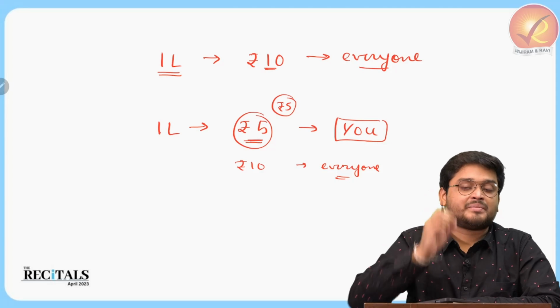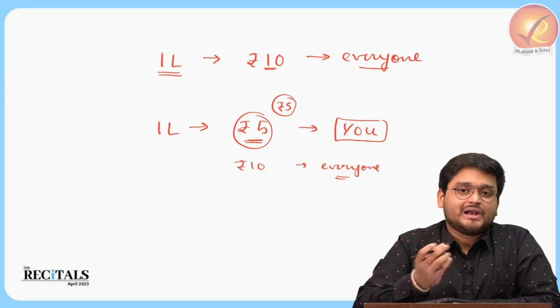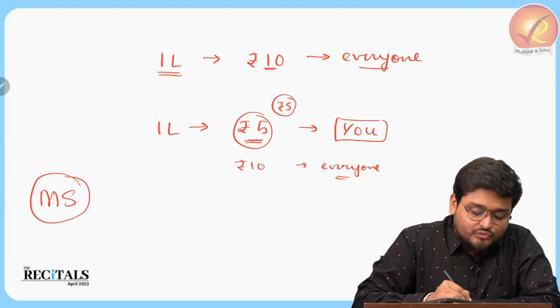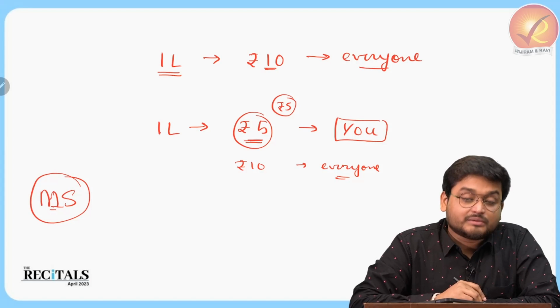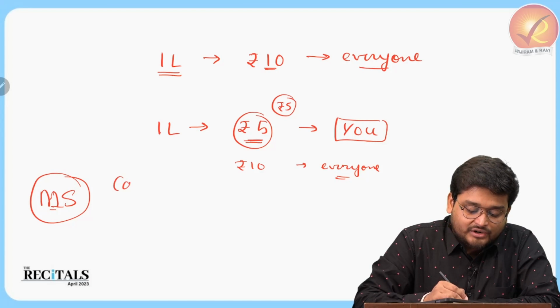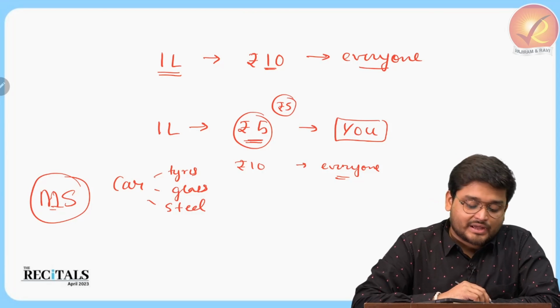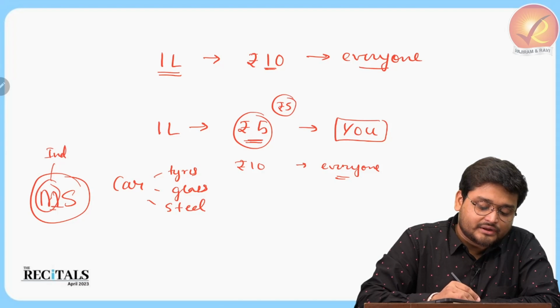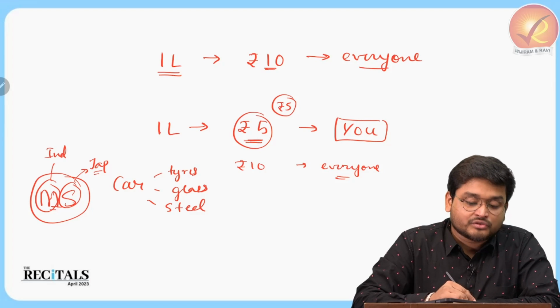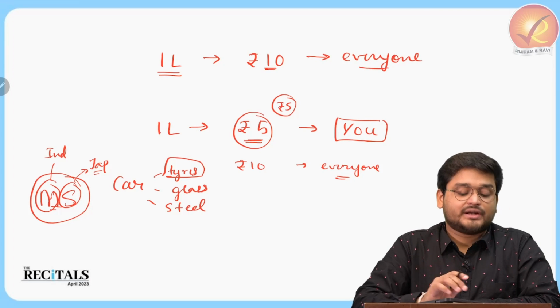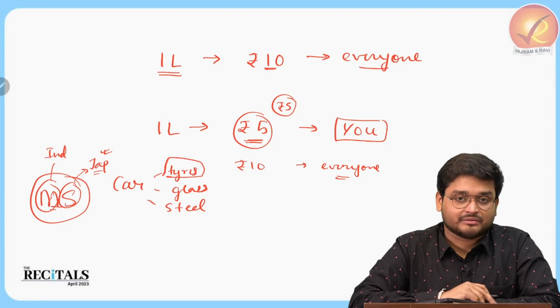Now this happens in the corporate world also. For example, let us take an example here. We all know about Maruti Suzuki, the car dealer. Suppose that to manufacture a car, we need what? We need tires, we need glass, we need steel, right? And we know that Maruti is located in India and Suzuki is located in Japan. Now, say Suzuki in Japan is supplying to Maruti in India some special tires that they can only engineer in Japan.